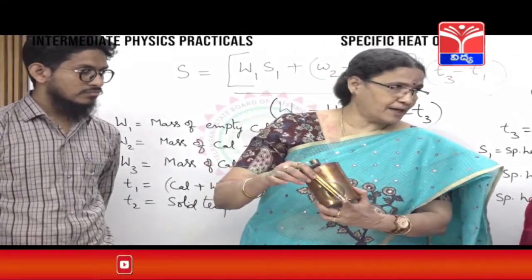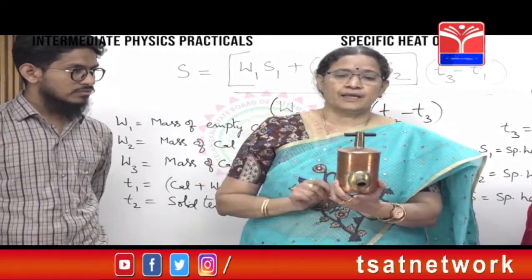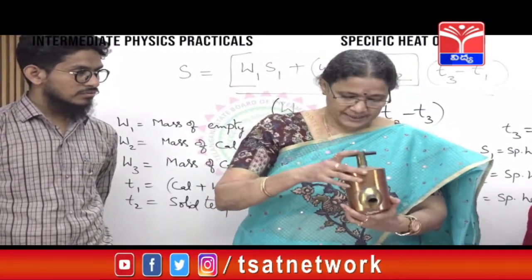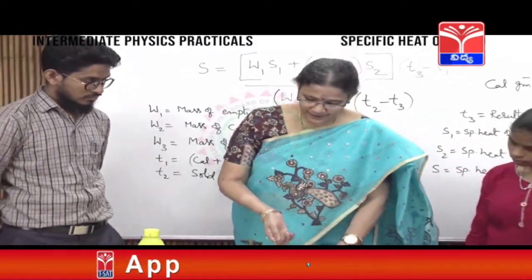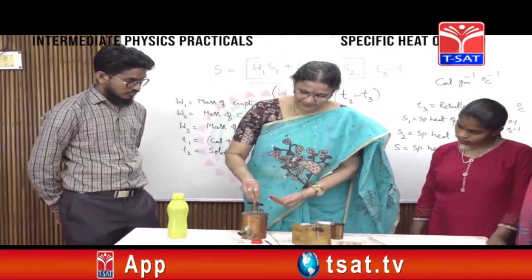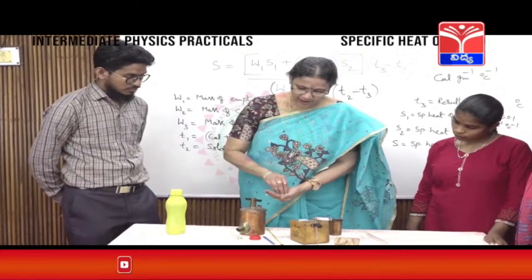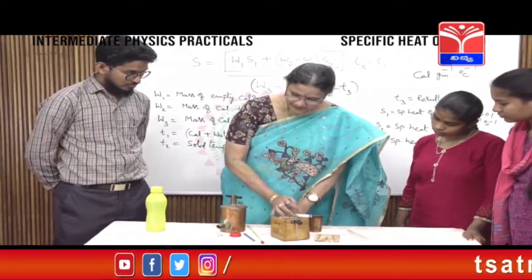The protruded part, you just keep it like this. Now after keeping this, I fill it with water. Now you just keep the lead shots. Are they coming out? No, they are not coming out. They are there.